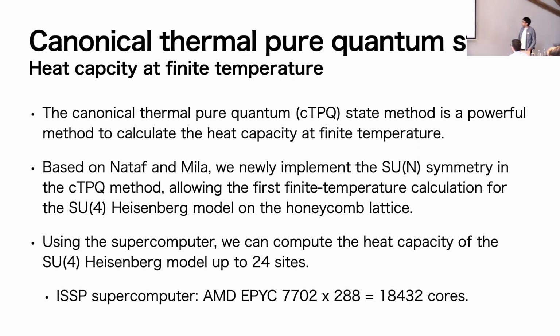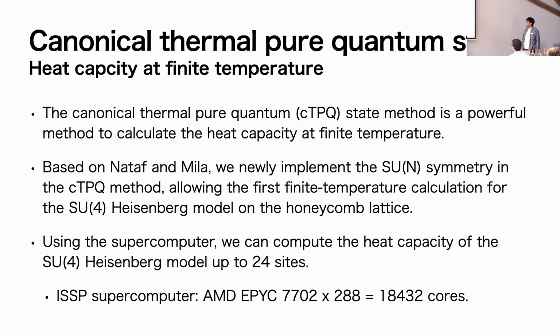The canonical thermal pure quantum state method is a very powerful method to calculate the heat capacity at finite temperature with a small cluster of the system. Based on the paper by Nataf and Mila, we newly implemented the exact SU(N) symmetry in the CTPQ method, which was never done, allowing the first finite temperature calculation for the SU(4) Heisenberg model on the honeycomb lattice.